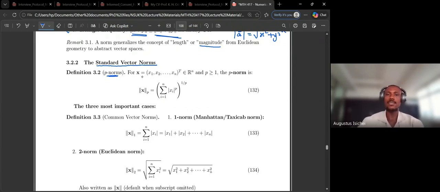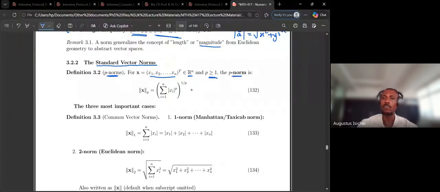For x equals x1, x2, ..., xn, that is the transpose of this row vector, x is an element of Rn, and P is a number greater than or equal to 1.